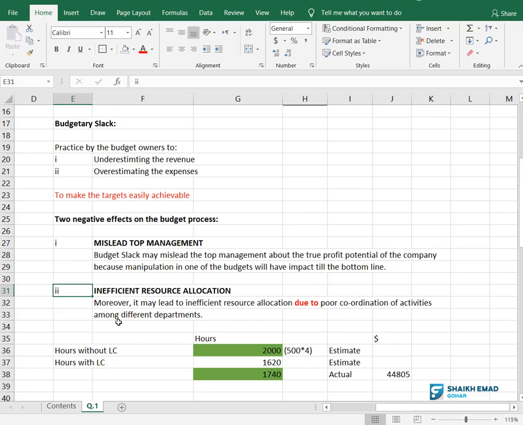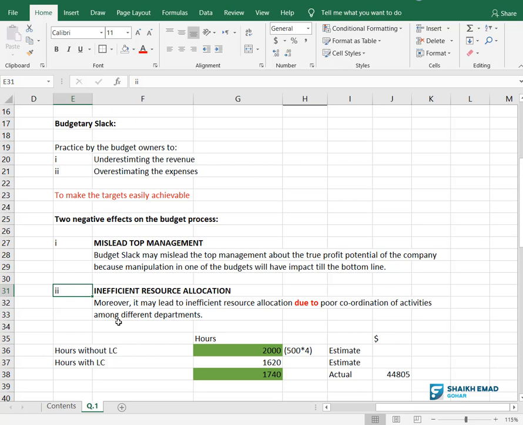Getting it? So this is called inefficient resource allocation. You don't have money, so you definitely have to cut the budget for research and development, maybe, depends, or vice versa. Research and development created a slack, so you diverted more funds there. Now you have very few funds left for production and purchasing and learning and development. Getting it?